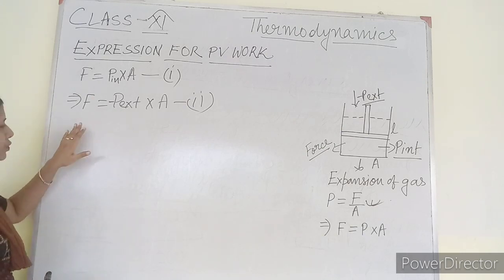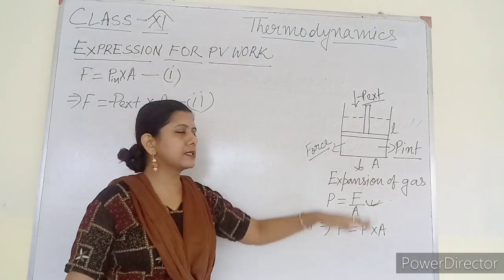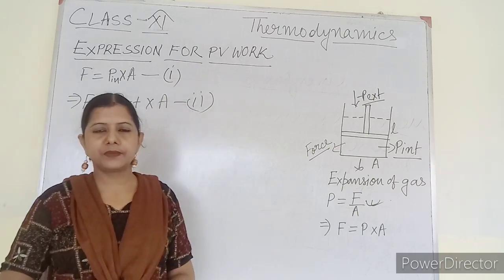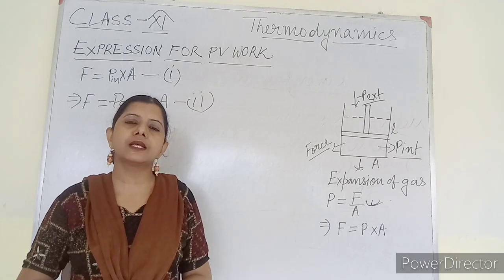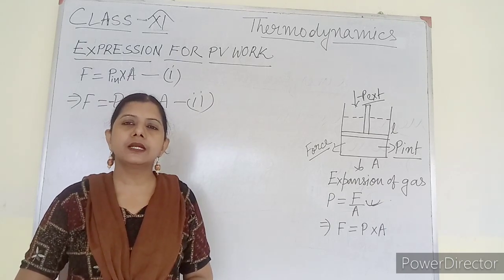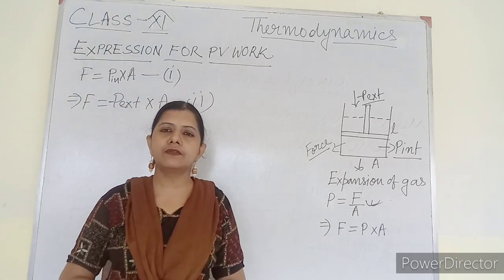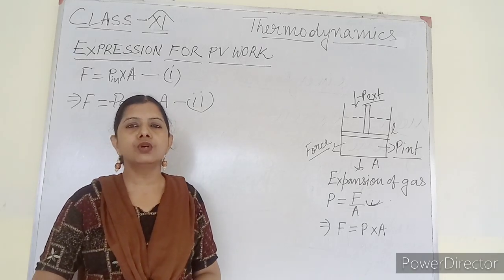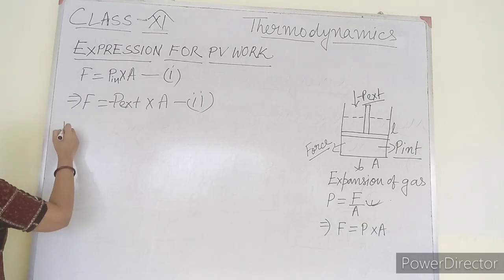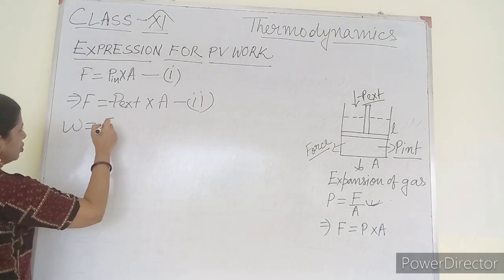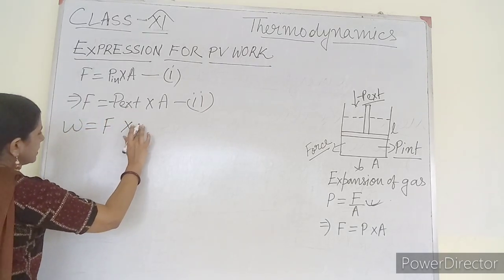Next we have to find out how much work is done by the system. In the expansion, what is the work done by the system, that I have to find out. The definition of work done you have studied in physics. Work done is equal to what? Force into distance. So work done is equal to F into distance.